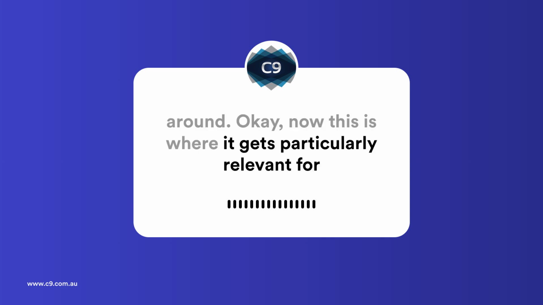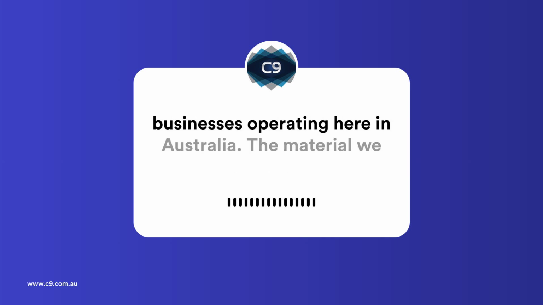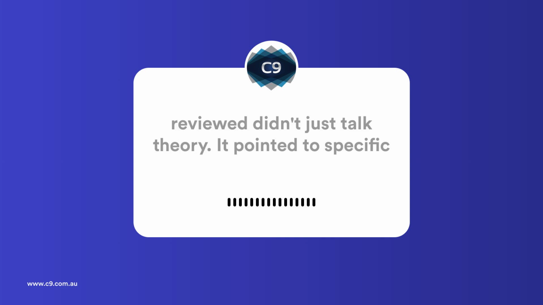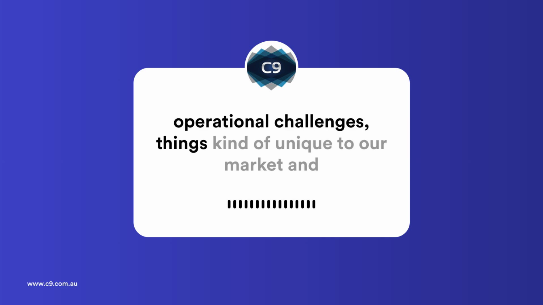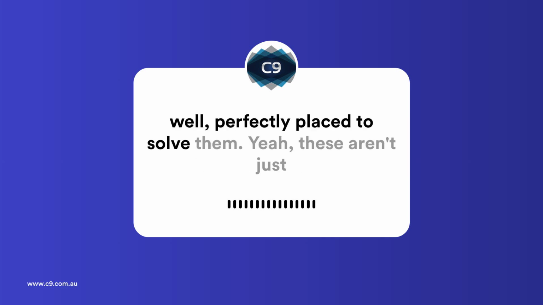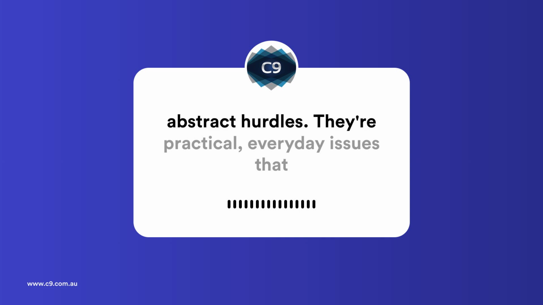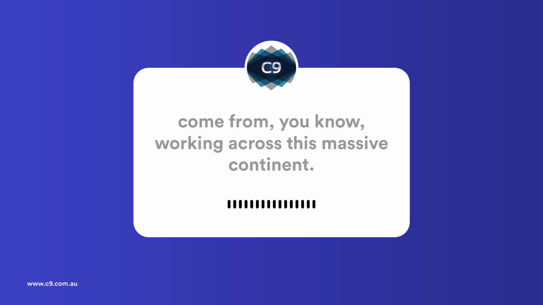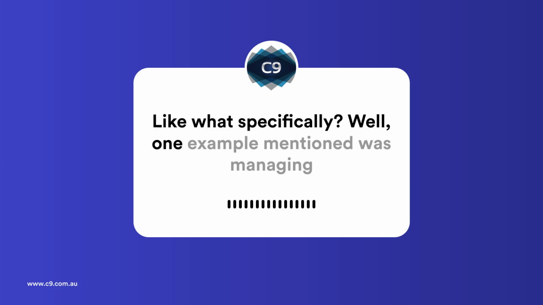Okay, now this is where it gets particularly relevant for businesses operating here in Australia. The material we reviewed didn't just talk theory. It pointed to specific operational challenges, things unique to our market and geography. And it showed how custom desktop software is often perfectly placed to solve them. Yeah, these aren't just abstract hurdles. They're practical, everyday issues that come from working across this massive continent. Like what specifically?